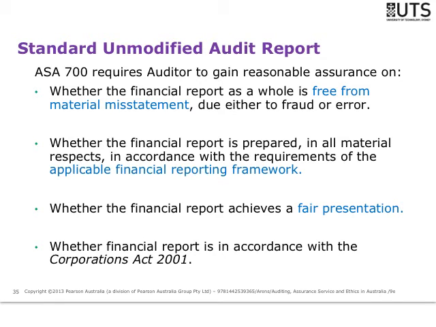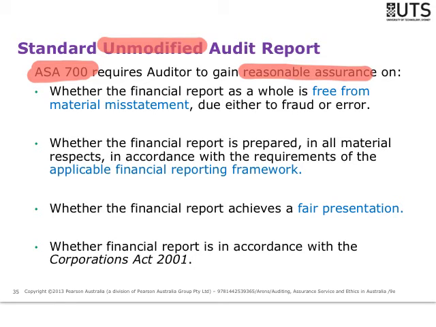Okay, so to issue an unmodified report, meaning there is no qualification, no adverse, no disclaimer, and more importantly, no emphasis of matter, we need to ascertain the following. So importantly, ASA 700 in the standards requires that we have reasonable assurance.